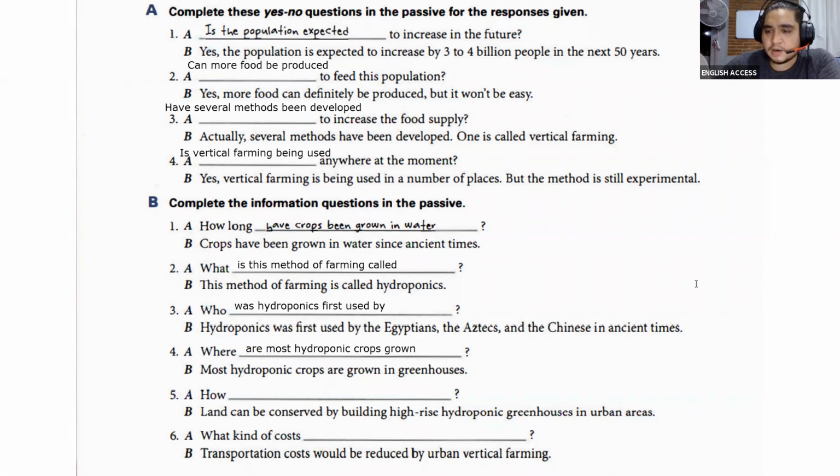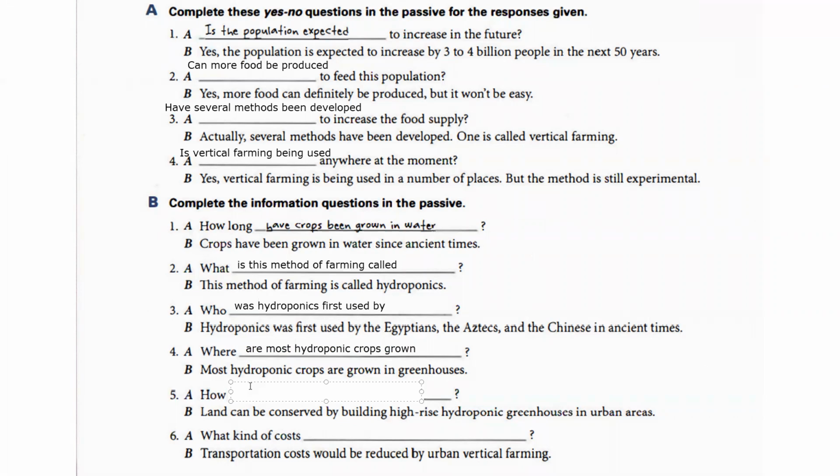Number 5, Gina. How the land. All right, let's do it together. Let's find the auxiliary first. What's the auxiliary here?